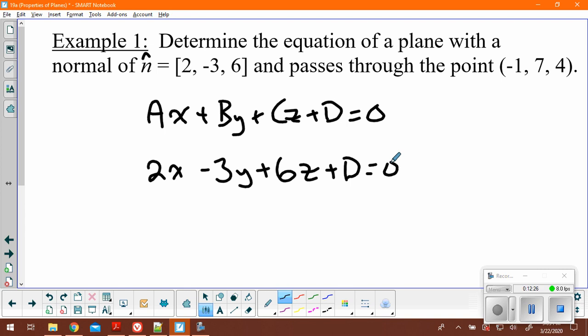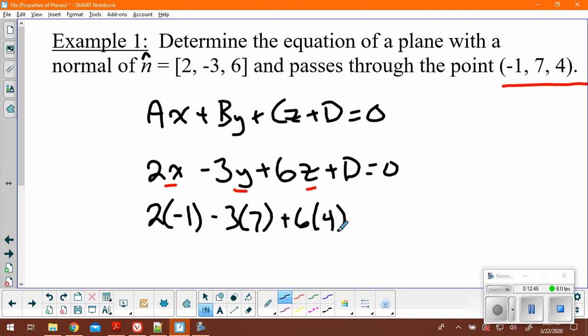The only thing I still need to figure out is the value of d. But because I know the point over here, there's my x, y, z right there, I'll just fill those in and use that to figure out d. So 2 times -1 minus 3 times 7 plus 6 times 4 plus d equals 0.